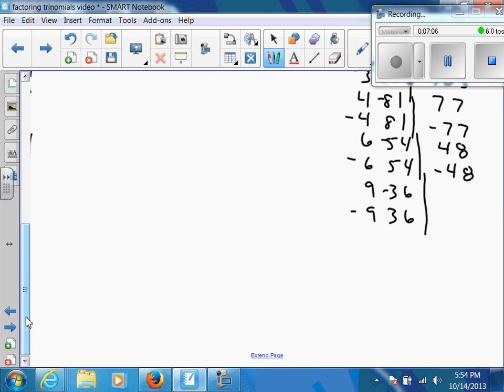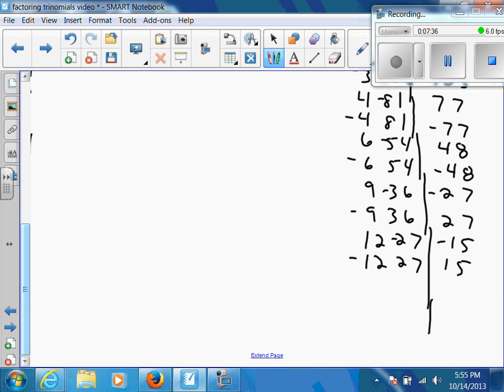Negative 27 and positive 27. Now we're going to try 10. 10 doesn't work. 11's next. 11 doesn't work. 12. 12 and 27. Getting closer to 0 every time.